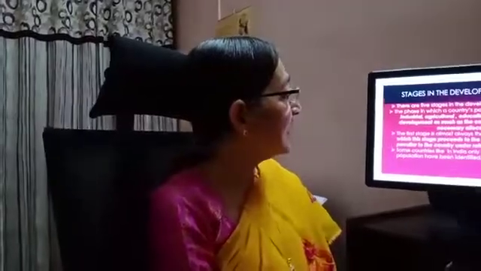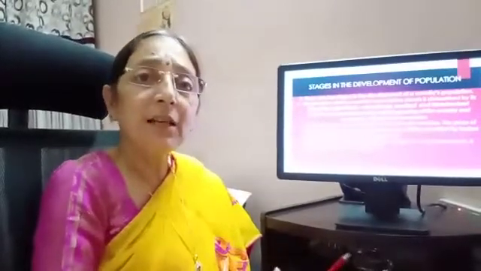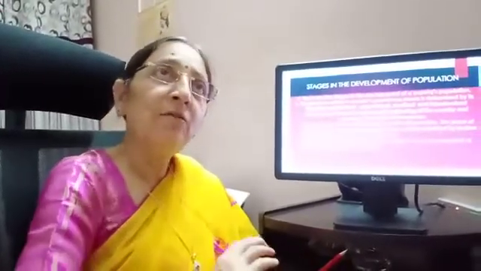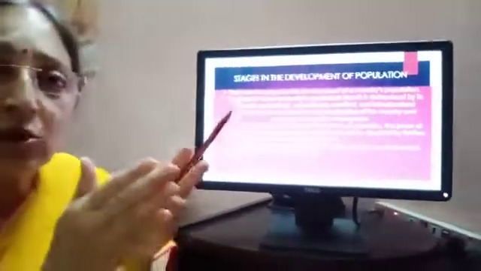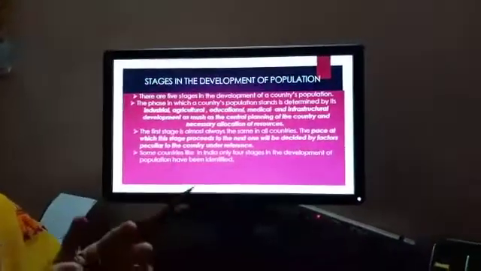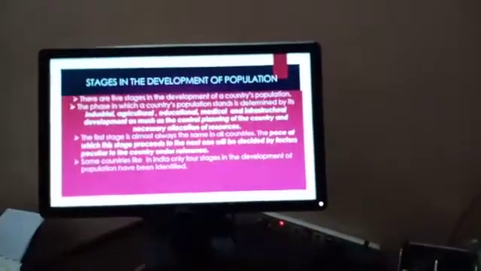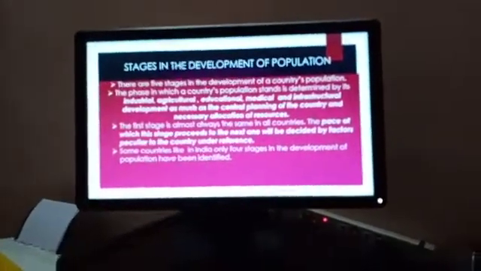The first stage is almost always the same in all countries. Even countries which are very developed today, those which have reached a stage of declining population or have a constrictive population pyramid, all once upon a time started with the first phase.